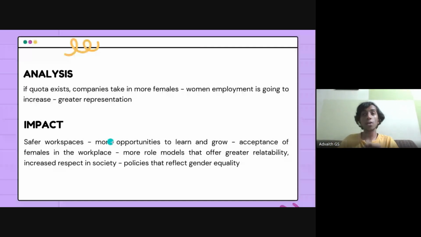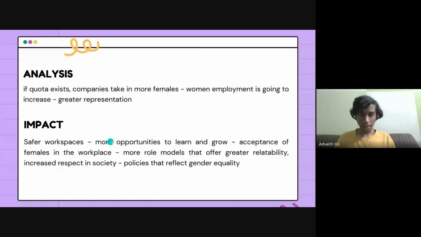Now that there are CEOs who are females, higher up managers who are females, boards of directors who are females, angel investors who are females, this creates a role model ecosystem where other people looking to join the corporate force find somebody to relate to, somebody they can see as a role model, as an icon. This is very important because it is going to further boost women's employment, right?